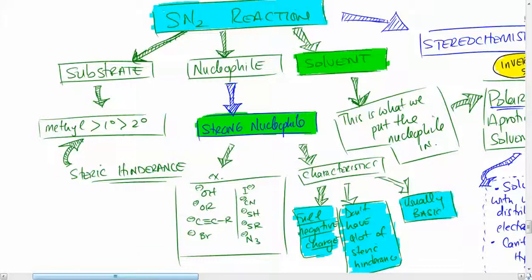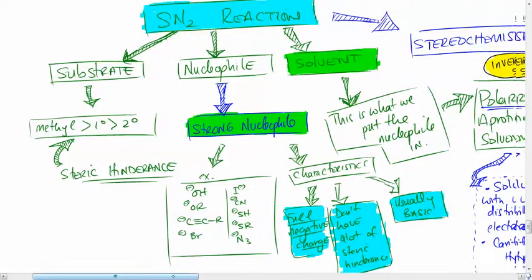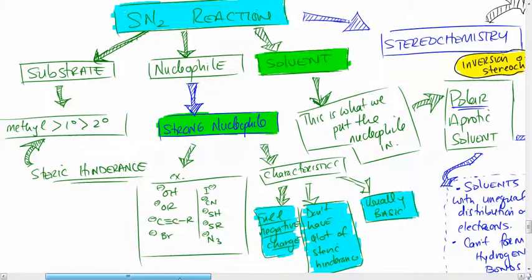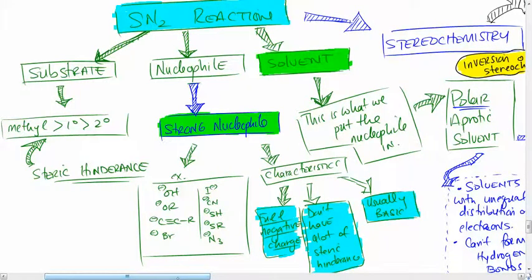We want a strong nucleophile because the rate depends on the nucleophile. The rate of the SN1 reaction is not dependent on the nucleophile; it's dependent on the leaving group leaving. But here, the rate is dependent on the nucleophile and the substrate.